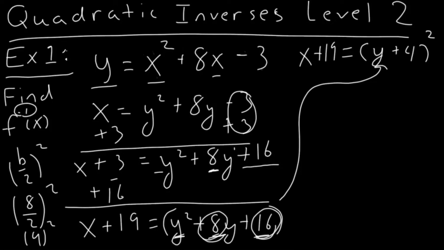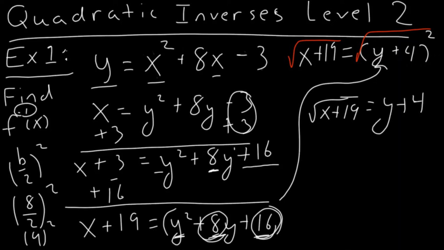Now at this point, we actually have a function that is almost the exact same as our level 1 video. So we take a look here, and we notice that we have the y plus 4 squared all by itself. So to get rid of the square, we take the square root. And now, at this point, we have the square root of x plus 19 equals y plus 4.